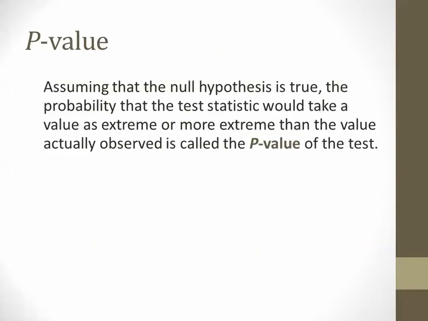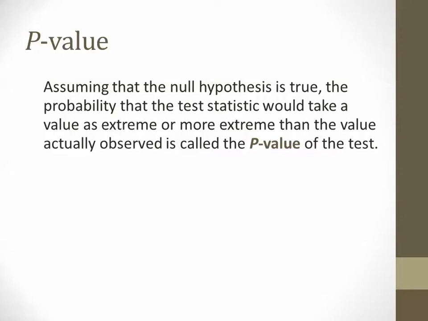And the p-value is the same too. We assume that the null hypothesis is true. We calculate a test statistic, and then we look to see what's the probability that we would have a value that extreme or more extreme.